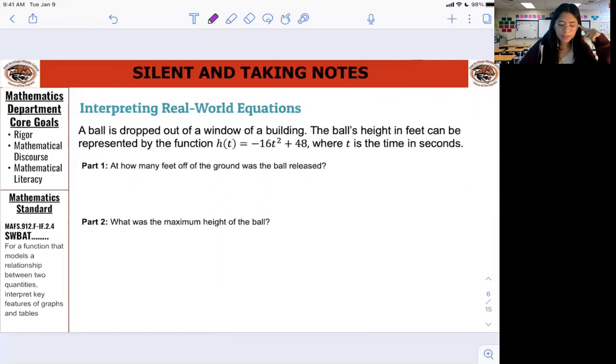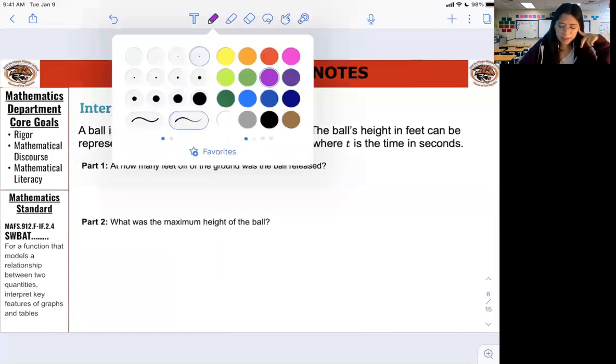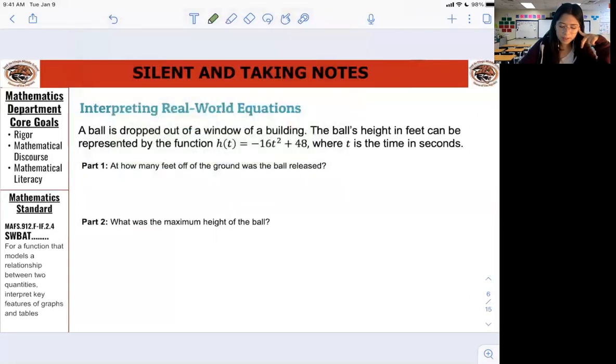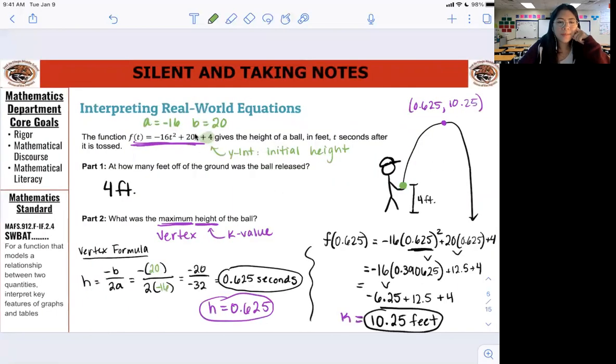Yeah. So I kind of asked that question without explaining anything, but let's look at what's different about this equation. It doesn't have a b. How can you tell if this number is the b or the c? The b has a variable. It's a coefficient. Yeah. So let's go back to this problem real quick. The b always has a variable with it.